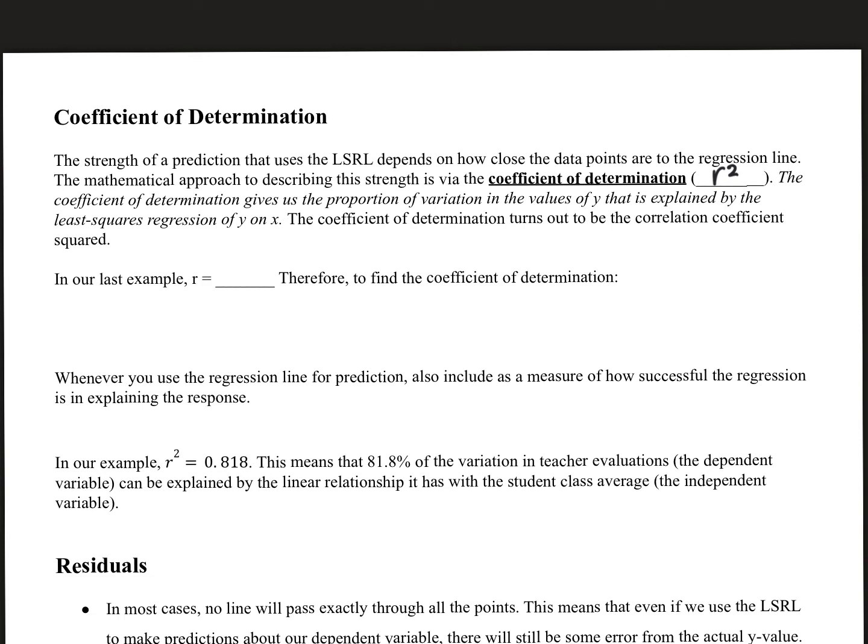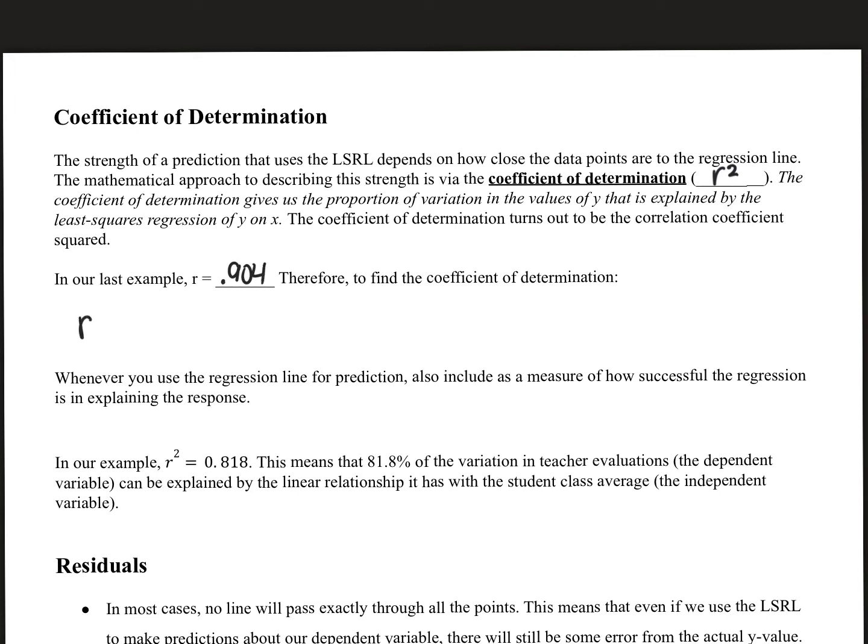So it gives us the proportion of variation in the values of y that is explained by the least squares regression of y on x. And it happens to be the square of the correlation coefficient. So in the example we just did, R was 0.904.